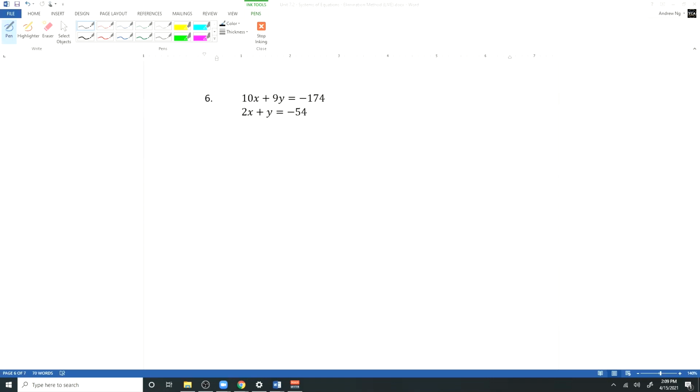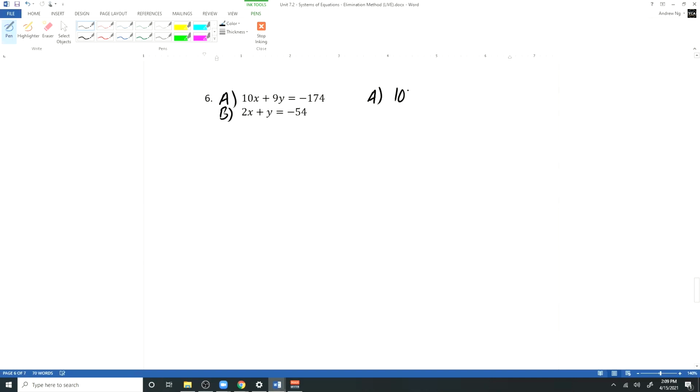with yours. So I see that this is 10x plus 9y equals negative 174 and 2x plus y equals negative 54. And 10 happens to be something I can get to by multiplying this 2 by 5. So in this case, I am simply going to multiply b by 5, and I'll leave a alone.